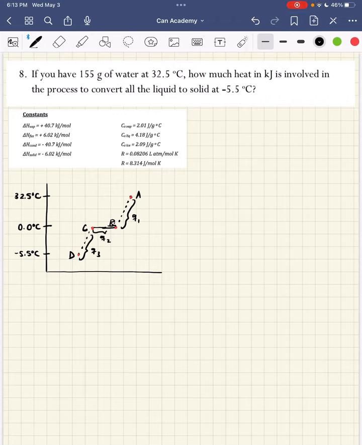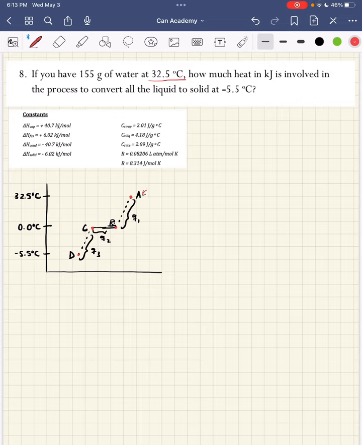So this is going to occur over a period of 3 different heat intervals. I've created this little diagram to show us such. We are going to have 3 temperatures involved. The first one, given to us in the problem, is 32.5 degrees Celsius, which is where we're starting, and is point A on the diagram.